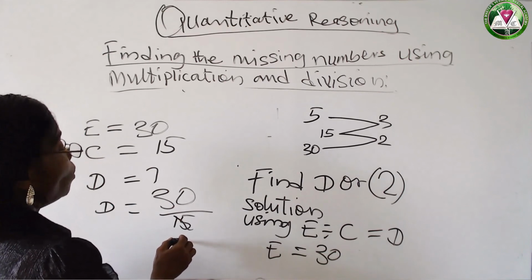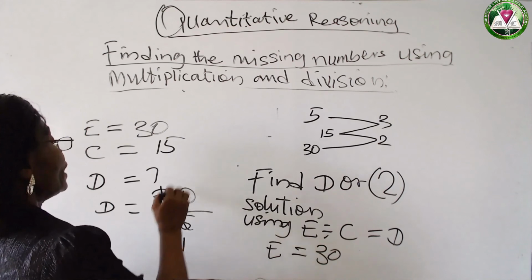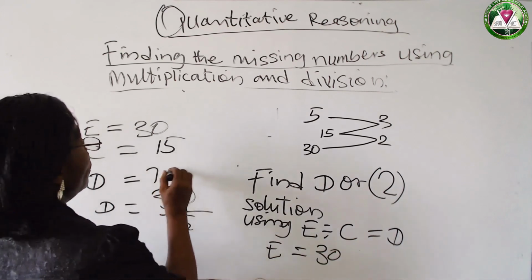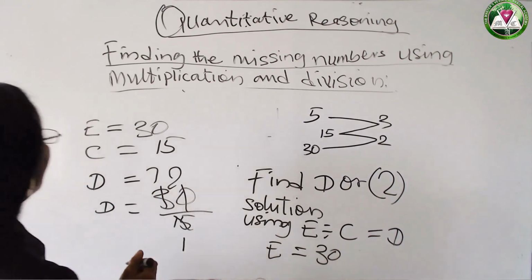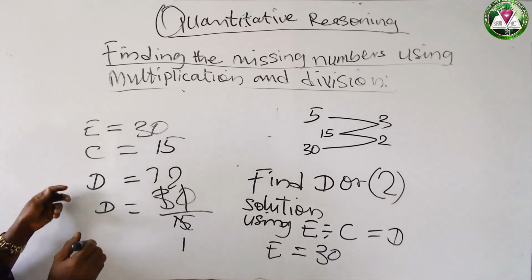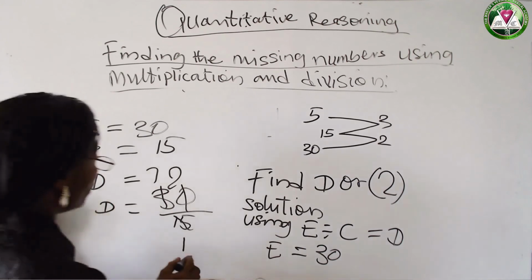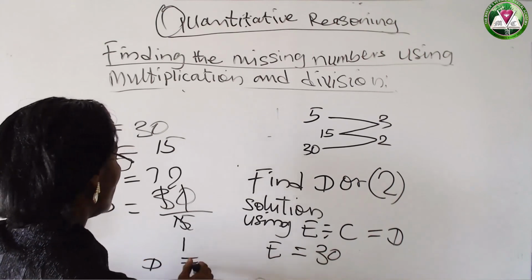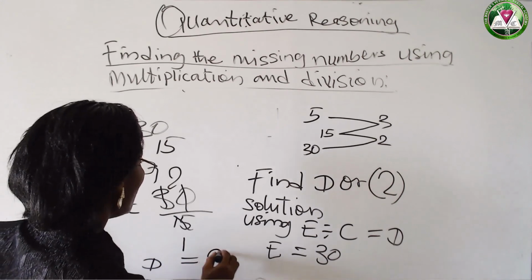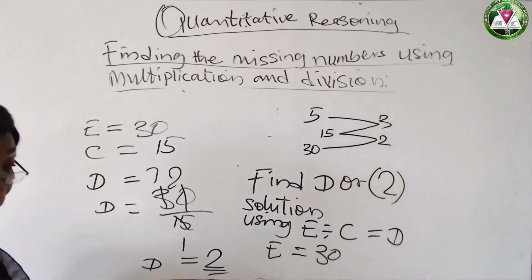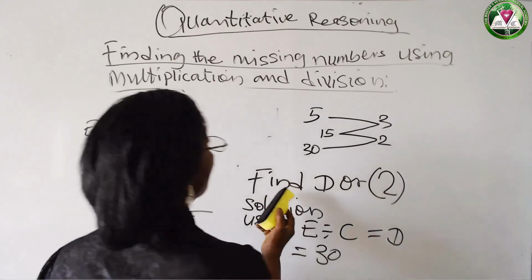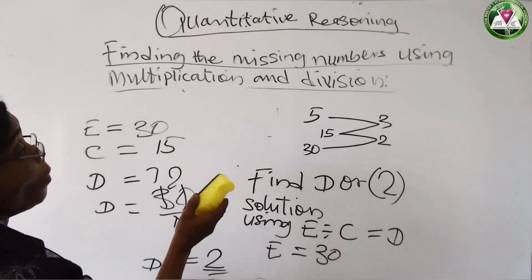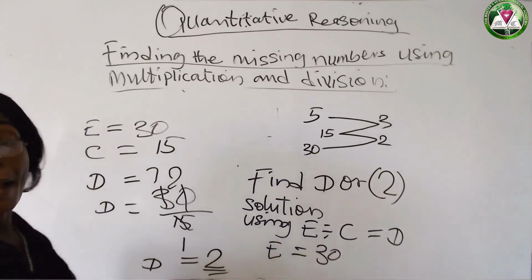Good. 1. 30 divided by 15. Correct. 2. So, D is what? The value of D is what? D is equals to 2. So what number is remaining? I hope you have been able to find all the numbers.